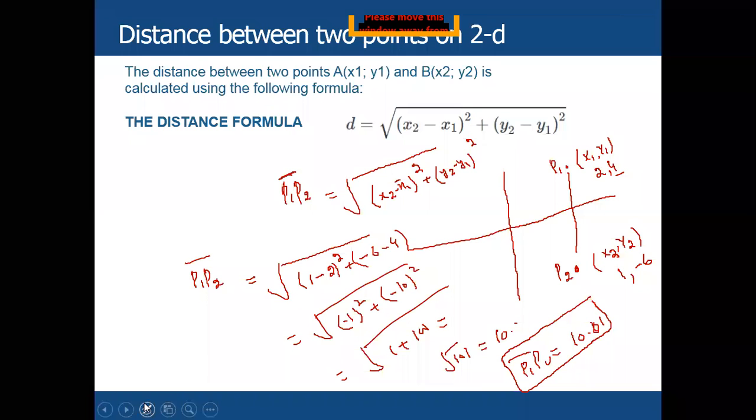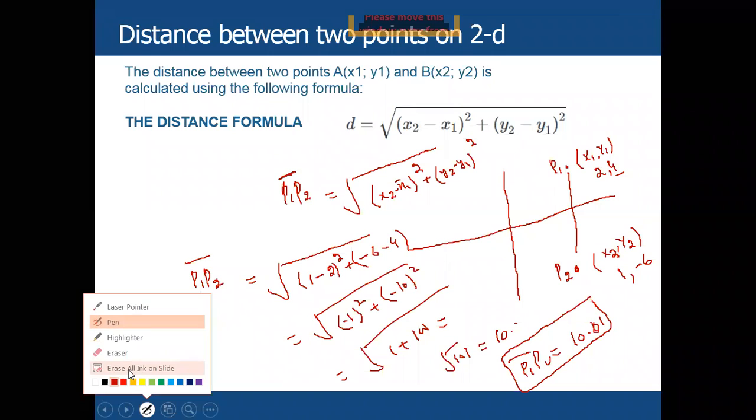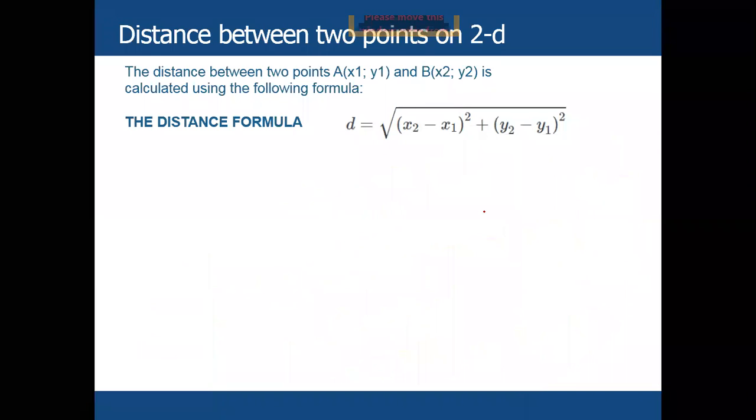Again, let me try one example. For example, if 2 points are given, one point is A with coordinates (3, 6), and another point B is (6, 7). So how do we find the distance?